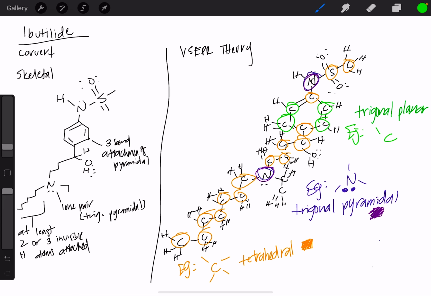There's a carbon with 3 attachments. Double bond here. Note that's not a 4th attachment there because that would be tetrahedral.